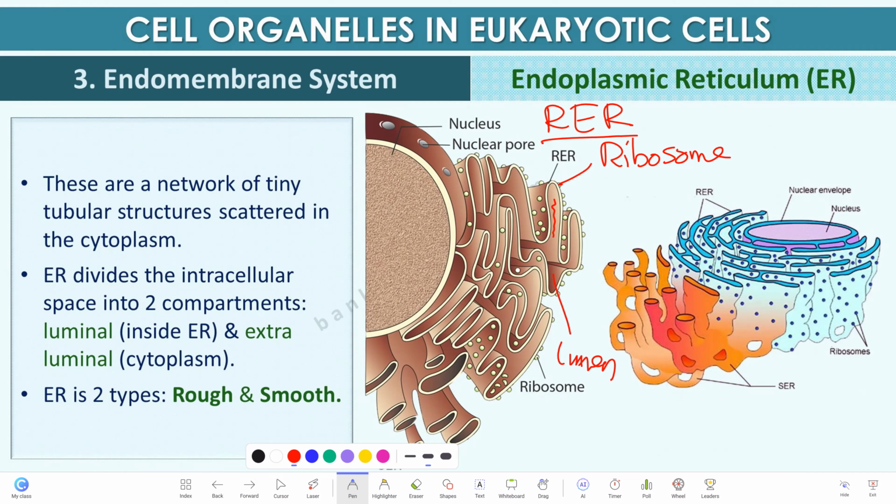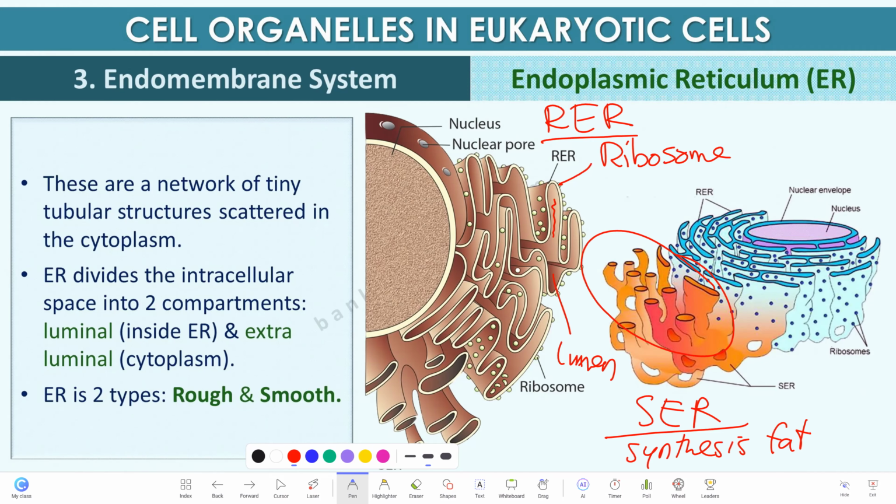Okay, that's one type. The second type, look at this part. Do you find any ribosomes? No. So this is called smooth endoplasmic reticulum. Its function is synthesis of fat or lipid. So what are the two types of endoplasmic reticulum? Rough and smooth. What is rough endoplasmic reticulum?